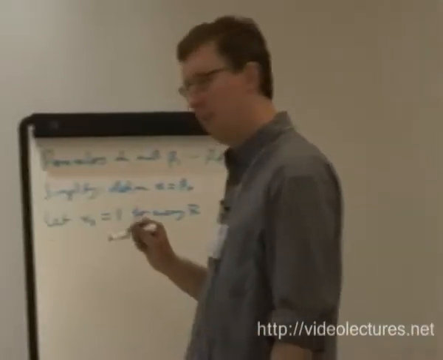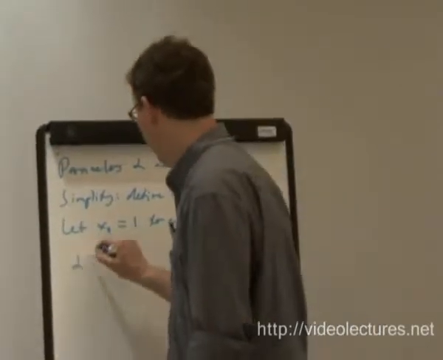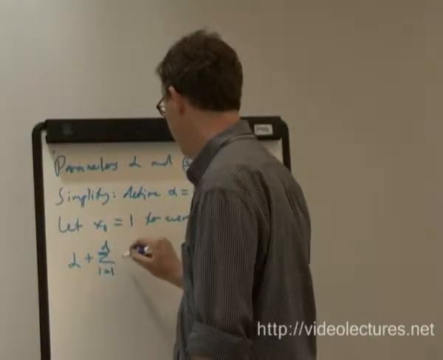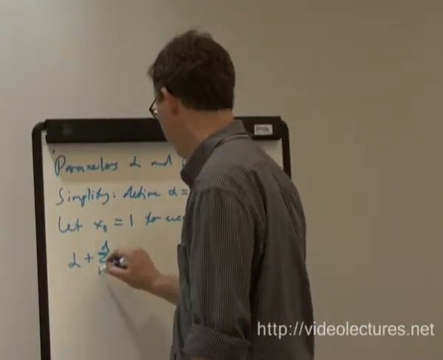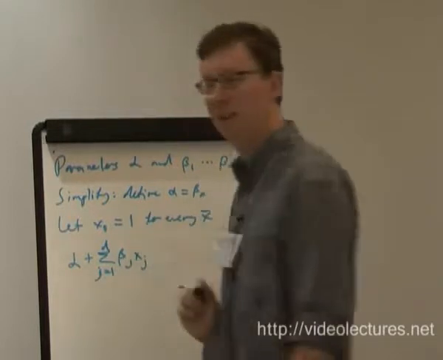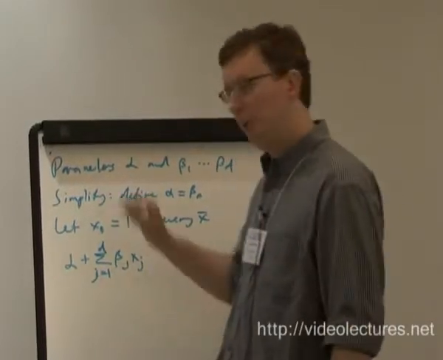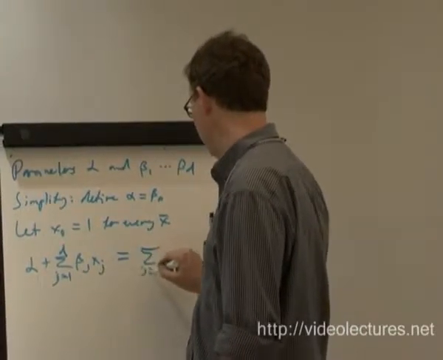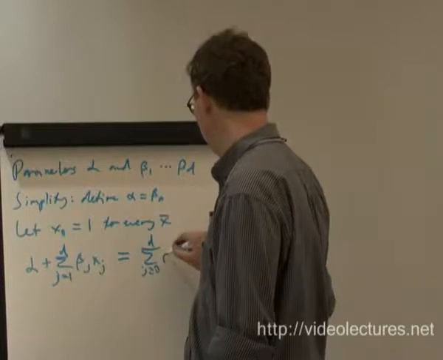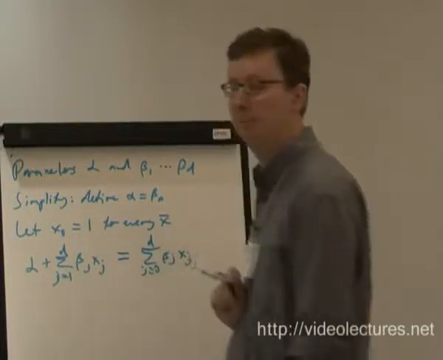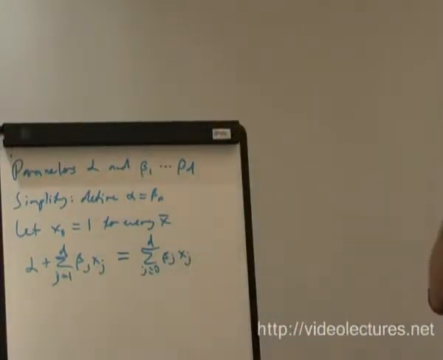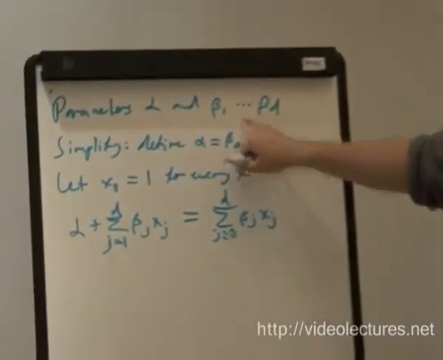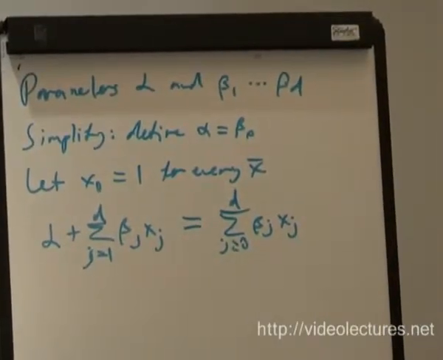So remember, the expression that I had was alpha plus sum from j equals 1 to d of beta j xj. And so now with this simplification, this is going to be sum from j equals 0 to d of beta j xj. So now I don't have to treat alpha separately from the betas. I can just treat all the betas the same.